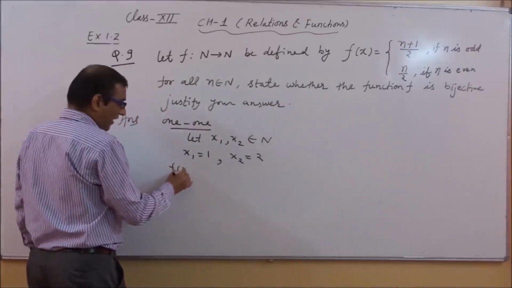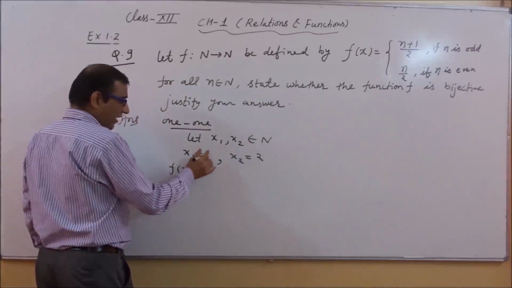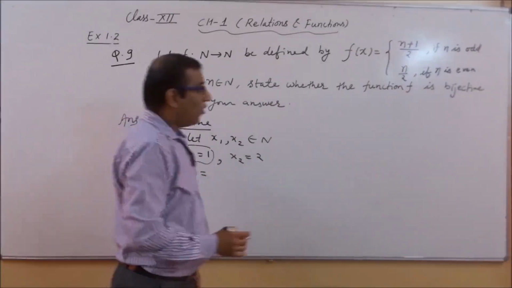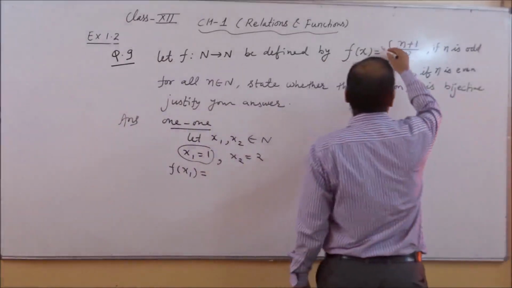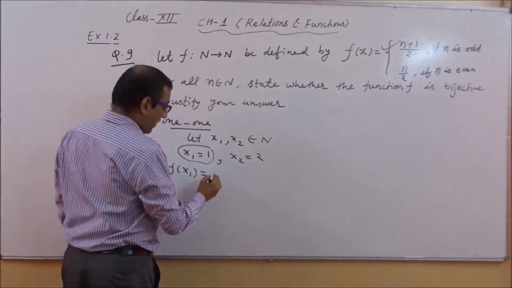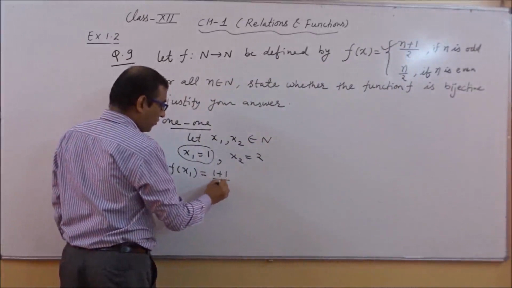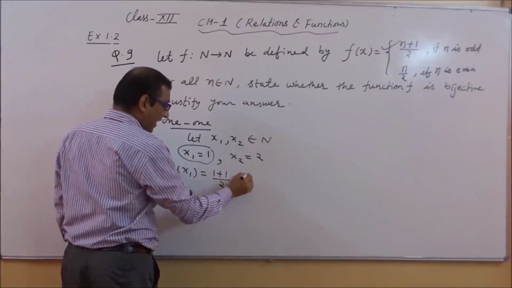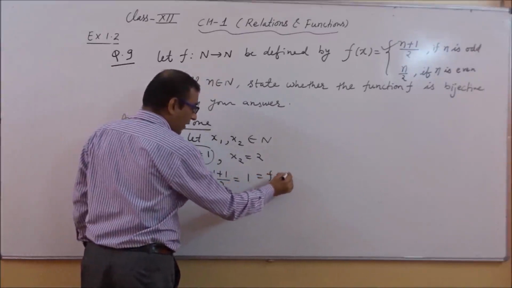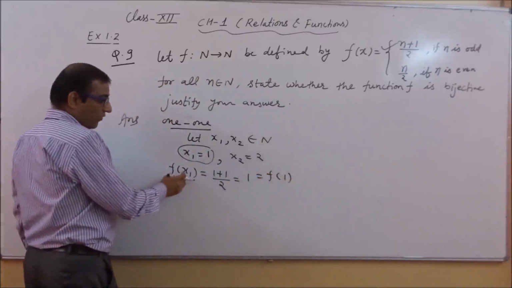So if I take f(x1), it means x1 equals 1, and 1 is odd, so I will continue with the upper function. What is the value of f(x1) here? It becomes (1 plus 1) upon 2, and when we solve it we get 1. This is equivalent to f(1) because the value of x1 is 1.